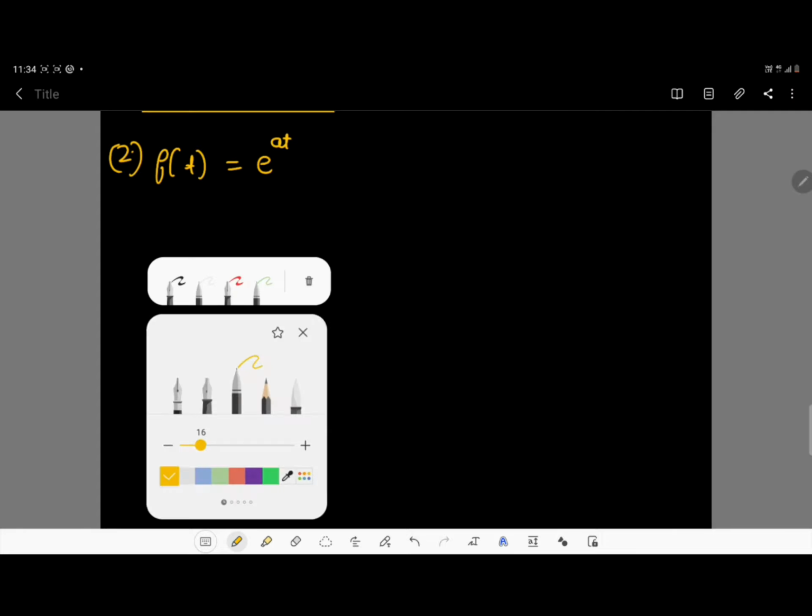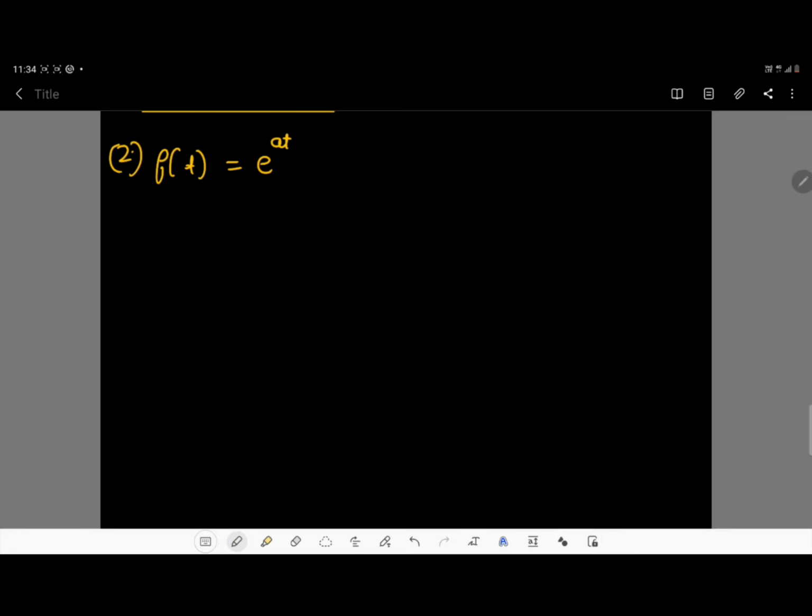e raised to power at. So your function is e raised to power at. Okay. So let's proceed with white color. So using the formula again, Laplace transform of f(t). I write down the formula first so that you don't get confused. Integral 0 to infinity of e raised to power minus st into f(t) dt.